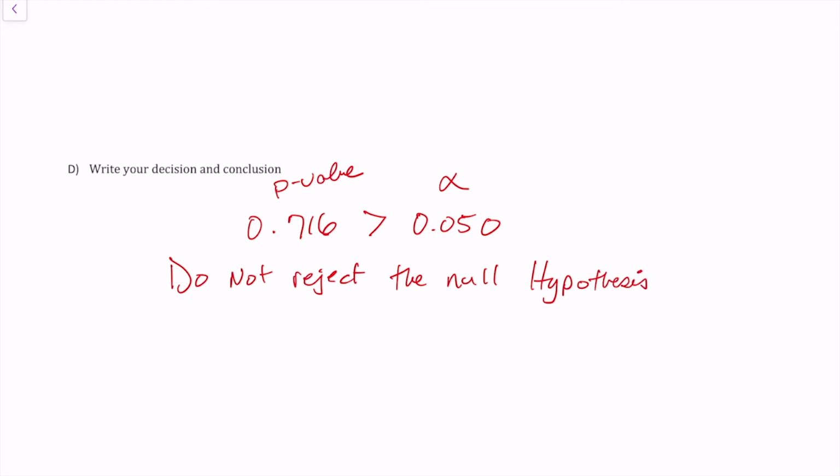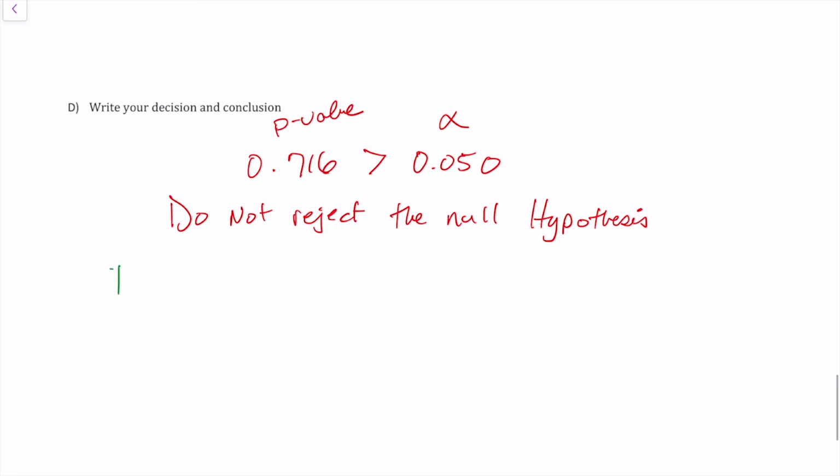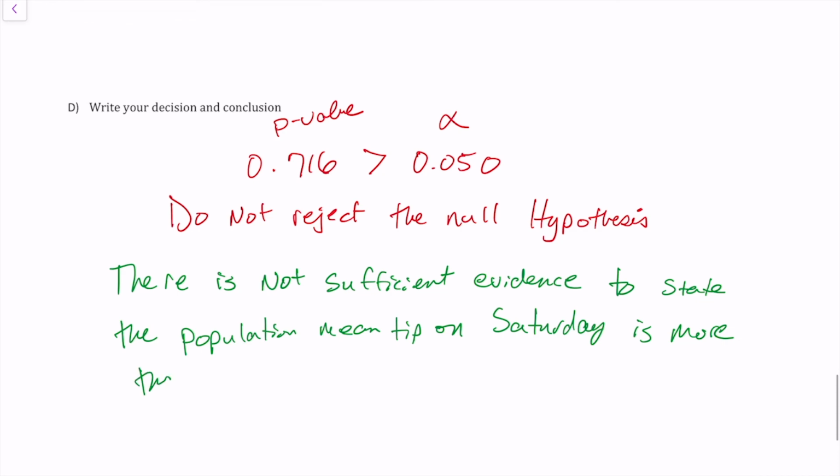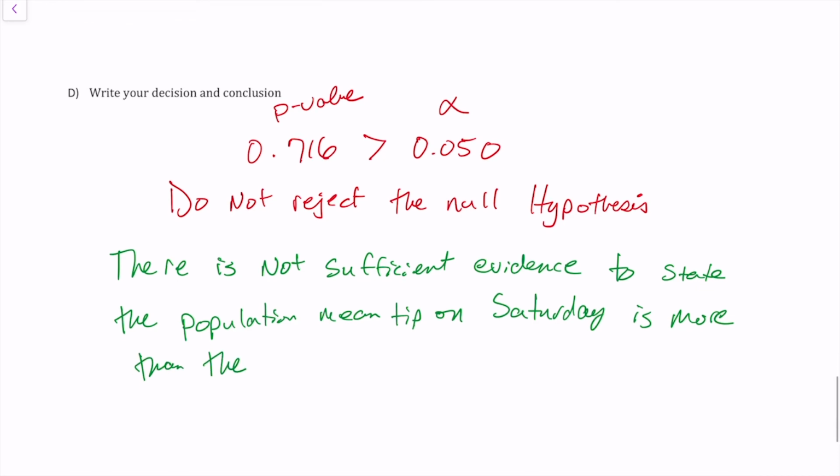Okay, which means there is not sufficient evidence to state that the population mean tip on Saturday is more than the population mean tip on Friday.